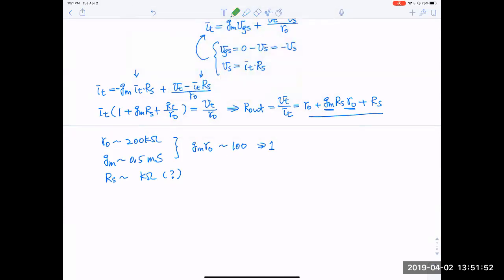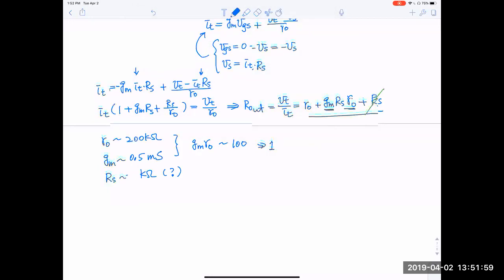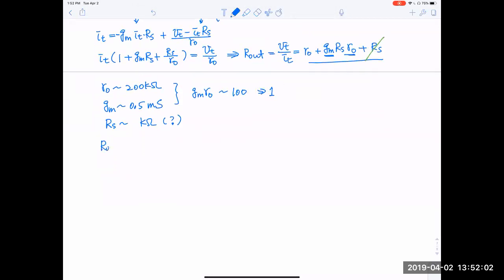So we can safely drop this term independent of the value of RS. With that simplification, R out is equal to R0 plus GM R0 times RS. So this is most likely a resistance that's much larger than R0. So this gives you a very large output resistance, okay?